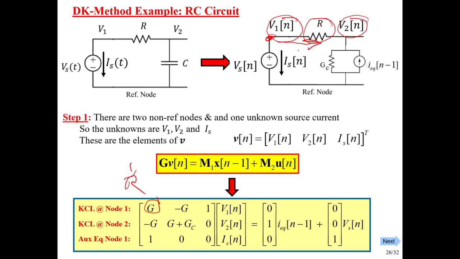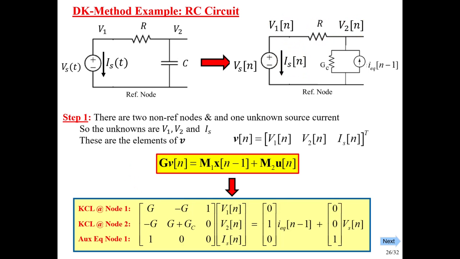And that has to be equal to the current here going out of the node. So I have V1, V2 gives me that current. And then plus Is. So 1 times Is has to give me 0. So that's the KCL at node 1.